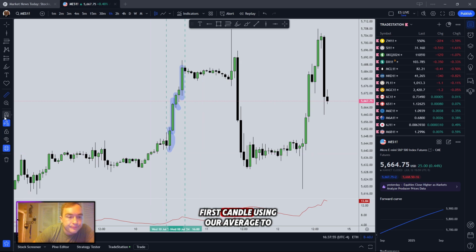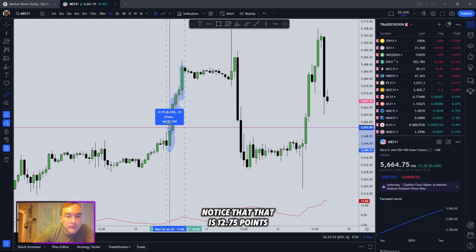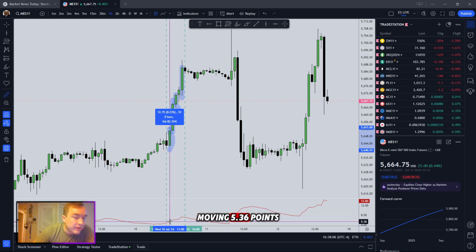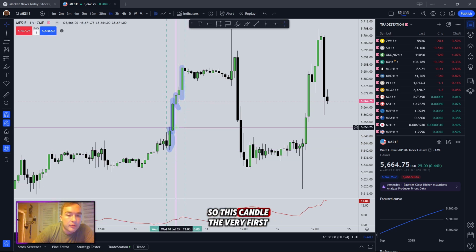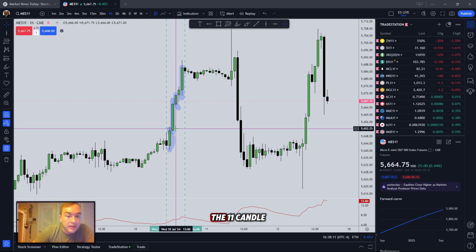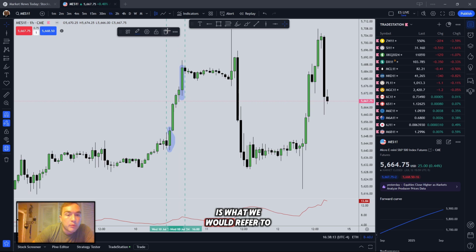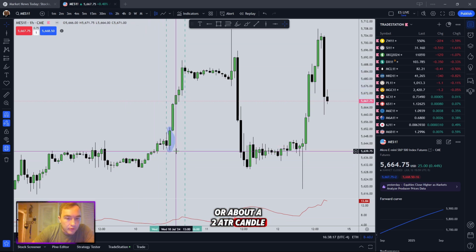The first candle is 12.75 points. At that time, the average candle was only moving 5.36 points. So this very first candle, the 1100 candle, is what we would refer to as a 2.5, or about a 2 ATR candle.